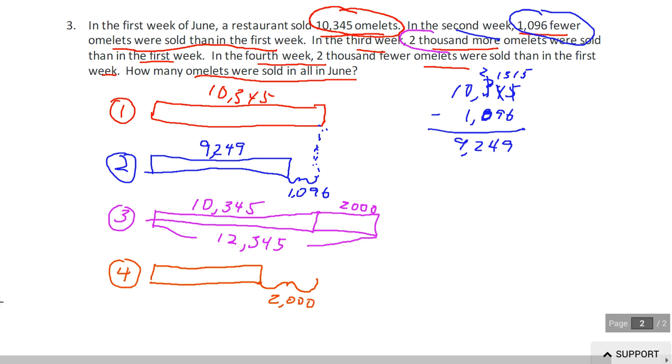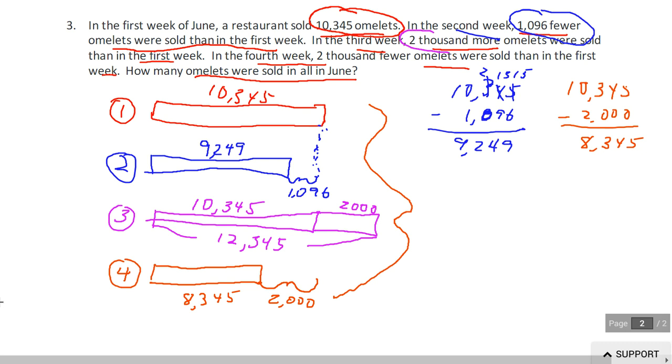Okay, so we know that it's going to be 10,345. This time we're going to take away 2,000. Oh, Mr. Kagorna, you could do that in your head. That's 8,345. So this one is 8,345.